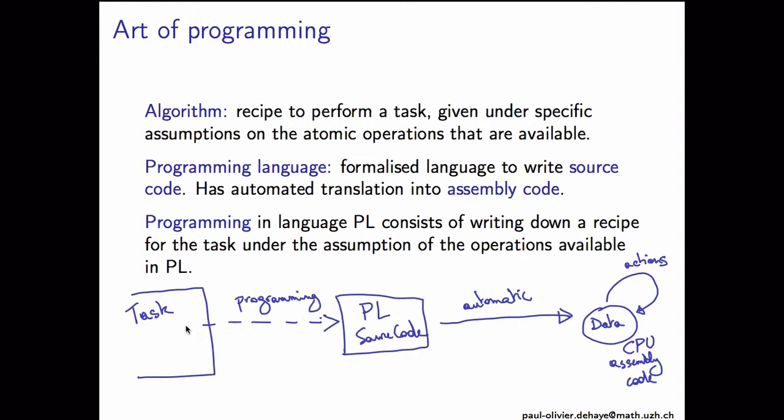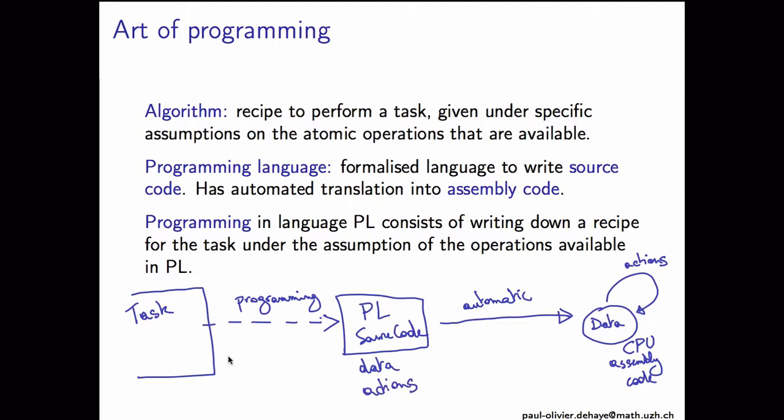Okay, so we're taking the task and making some decisions about how to implement things so we can translate the whole task into source code in that programming language. So this source code in the programming language deals with data and actions at the CPU level. So it also has data and actions.